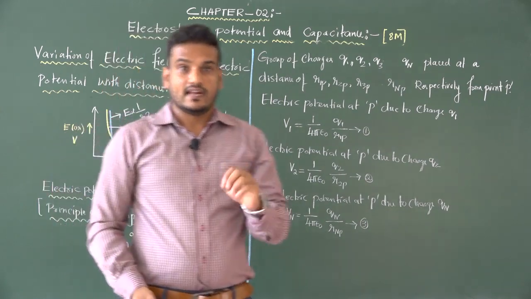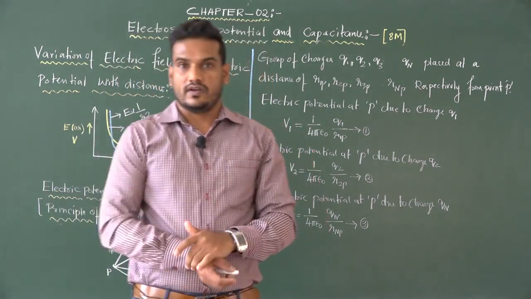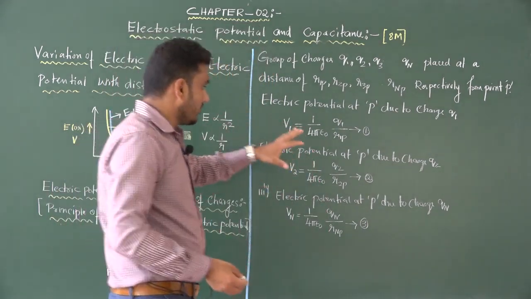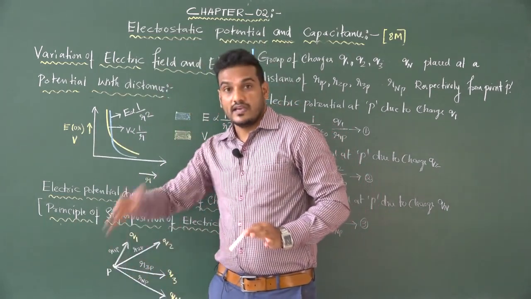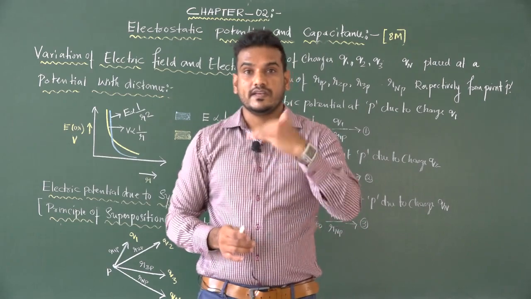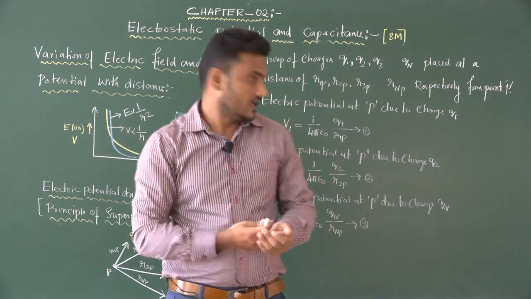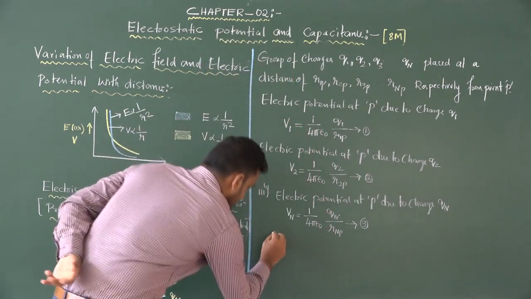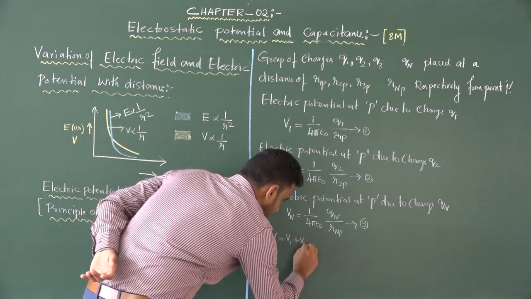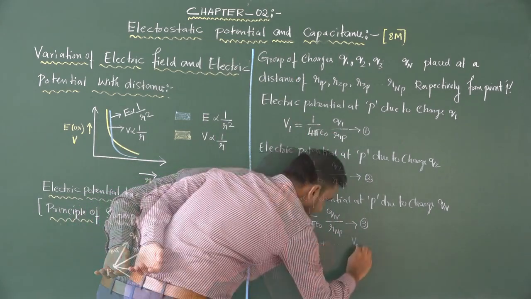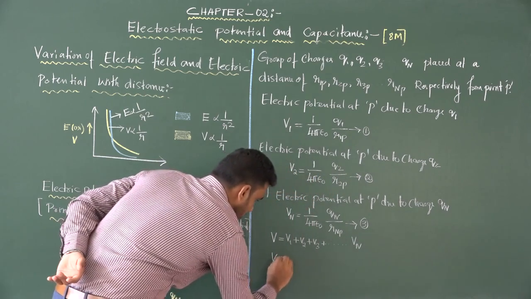Since electric potential is a scalar quantity, the total or resultant potential at point P is equal to the algebraic sum of the individual potentials, which means the total potential is equal to V1 plus V2 plus V3 up to Vn. So V is equal to, what is V1?